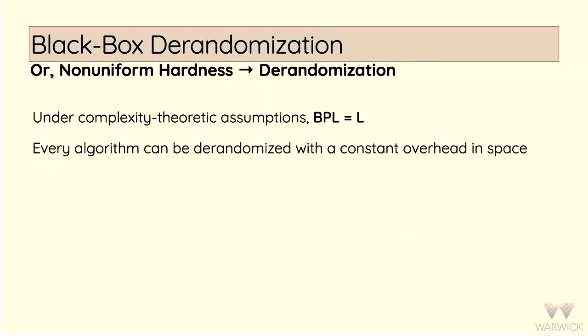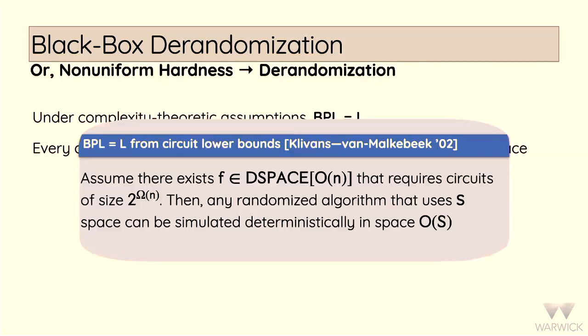Now, if we do allow ourselves to make hardness assumptions, we know that we can get BPL equals L. This is due to Klivans and Van Melkebeek, and it follows the classical approach of hardness versus randomness. So here, what's the easiness that we need to assume? We assume that there exists a function in D space O(n), so in linear space, instead of E in the time-bounded regime.